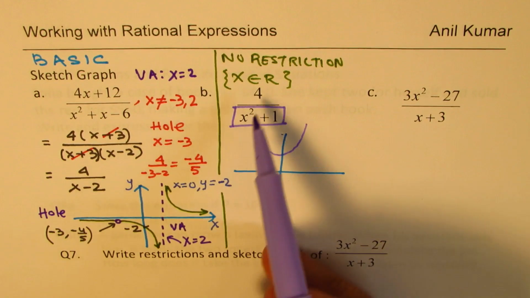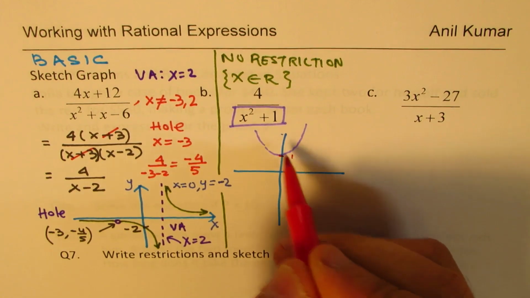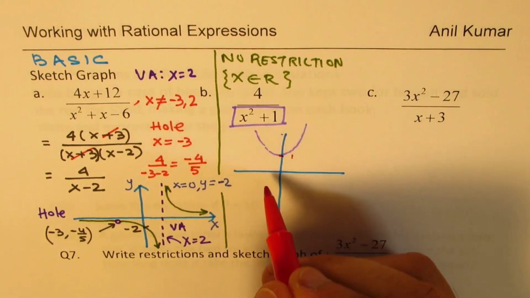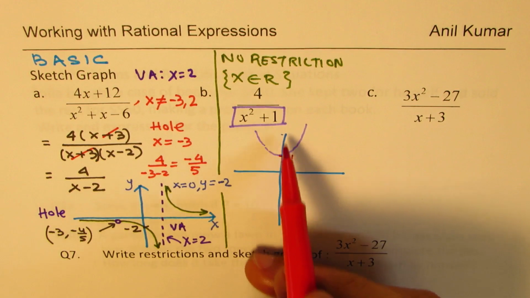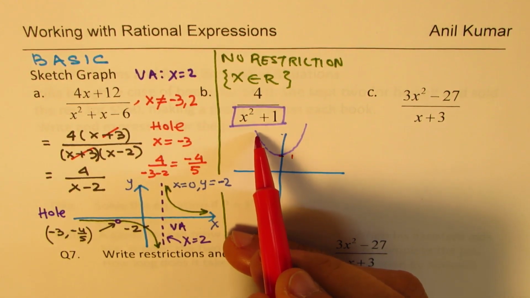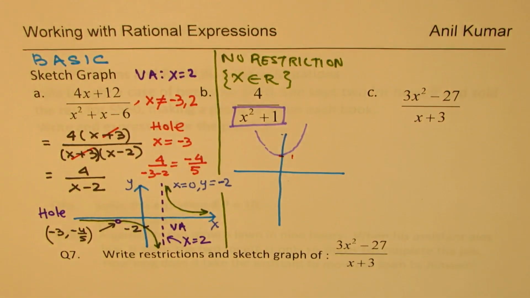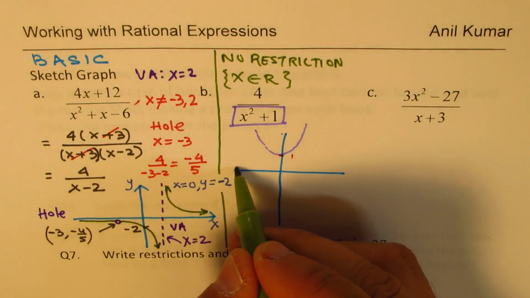Now we do 1 over, or 4 over. So this point here is 1. When I multiply by 4, it becomes 4, right? And when I do 1 over, when you're dividing by a large number, 1 over a large number is very small. So the graph which you actually get in this particular case will be kind of like this.